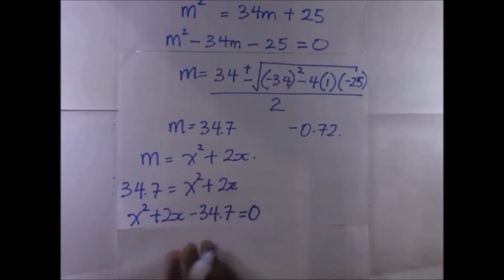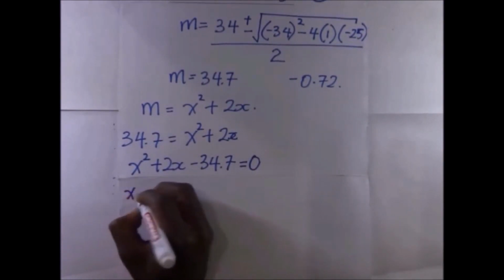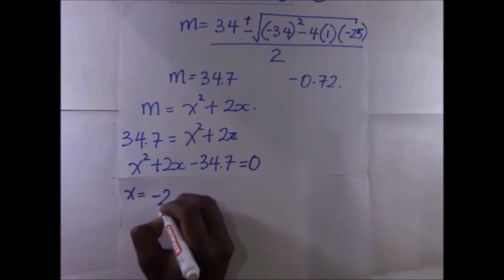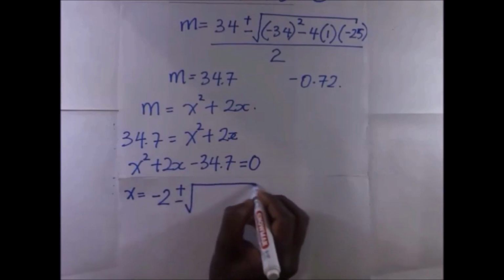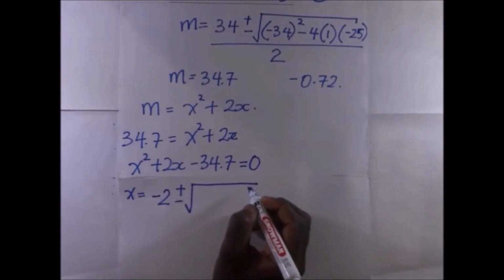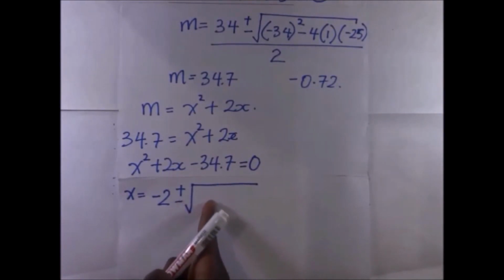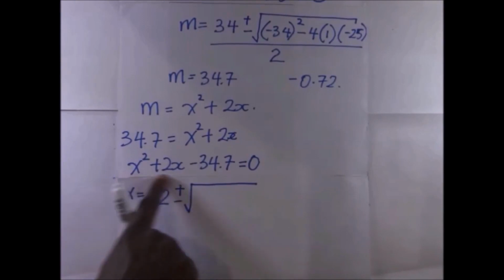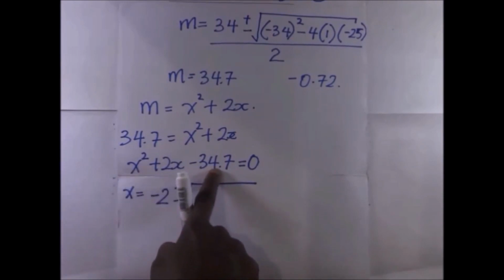So from this quadratic equation, our value of x is going to be minus 2 plus or minus the square root of b squared minus 4ac, because here the term is b squared minus 4ac. b is 2, so it is 2 squared minus 4 times a, which is 1, times c, which is negative 34.7.